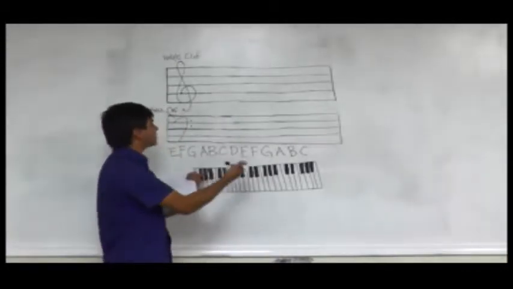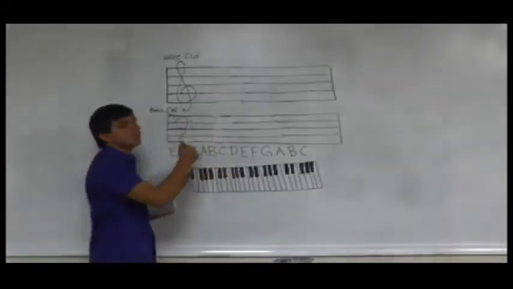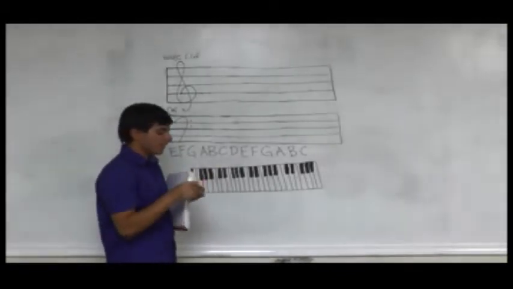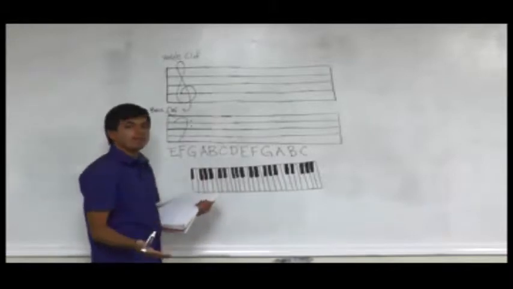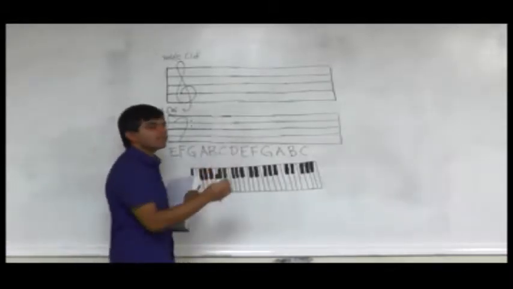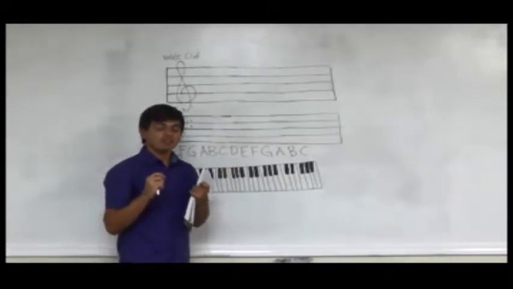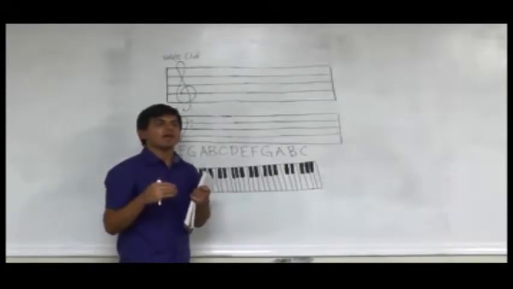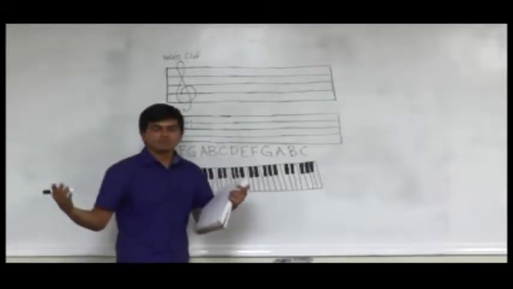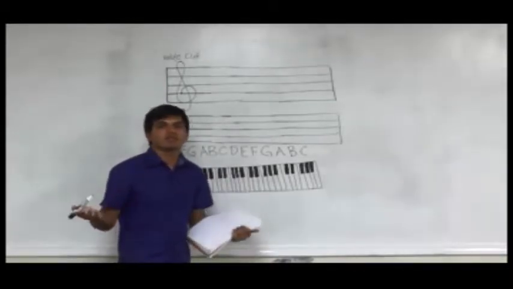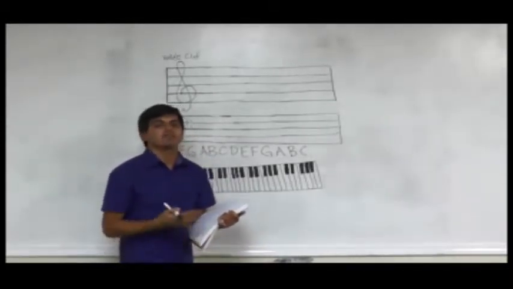So how does this musical alphabet transfer over to these two staves? Let's start with the bass clef. In our bass clef, these lines and spaces belong to particular notes and pitches that we play on the piano, on a clarinet, saxophone, whatever.